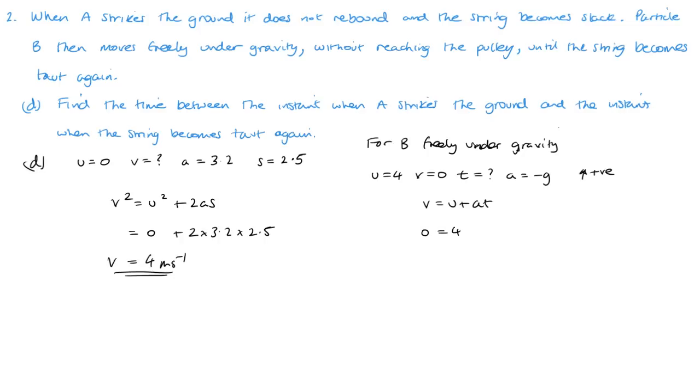We want something with V, U, A and T, so V equals U plus AT. So 0 equals 4 plus minus GT. So GT equals 4, so T equals 4 divided by 9.8. I'll leave it as a fraction, 20 over 49 seconds.